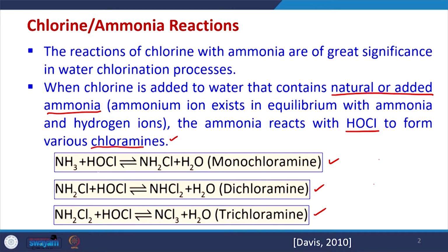Ammonia reacts with HOCl to form monochloramine, plus H2O. Then again if more HOCl is present, it will further react with monochloramine to form dichloramine, and if more HOCl is available it will form trichloramine. So, these different types of polychloramines may get formed if ammonia is present in the water.